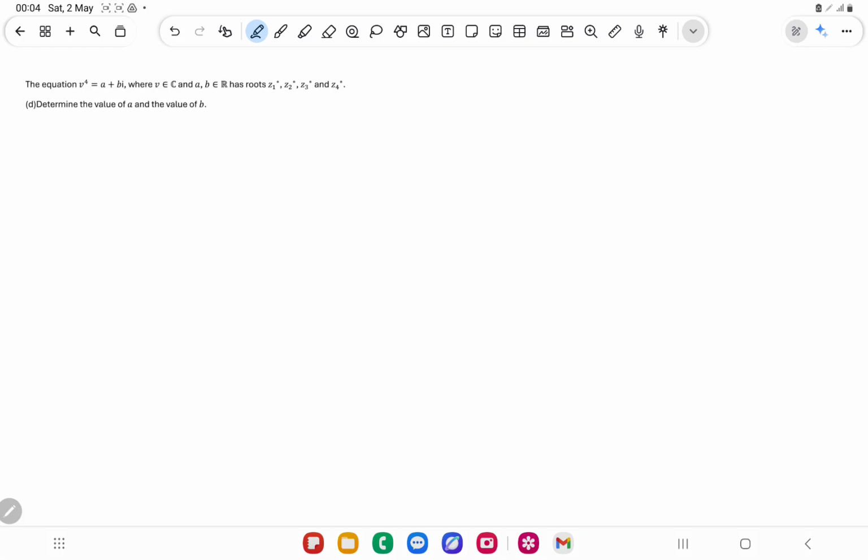Next part. Now we have an equation v to the power 4 as a plus bi, and they have the roots as the conjugates of the ones which we got. From the first part, it was given that z1 z2 z3 z4, if I multiply all those, I will get 16 as my answer.